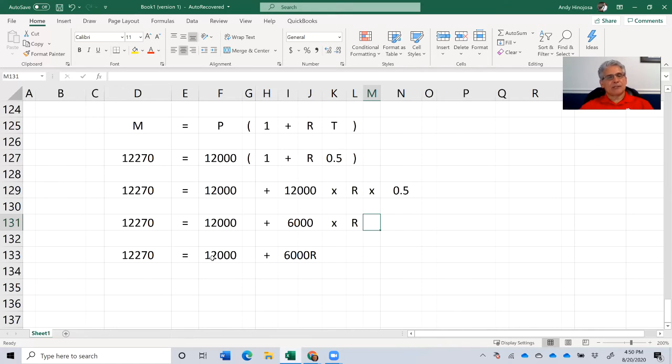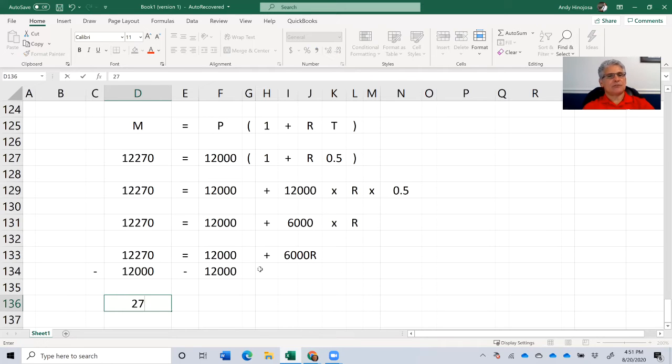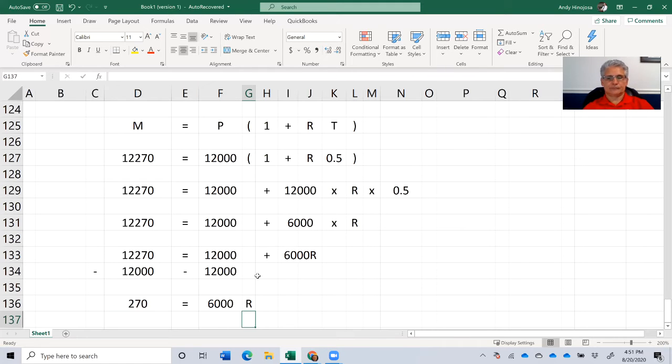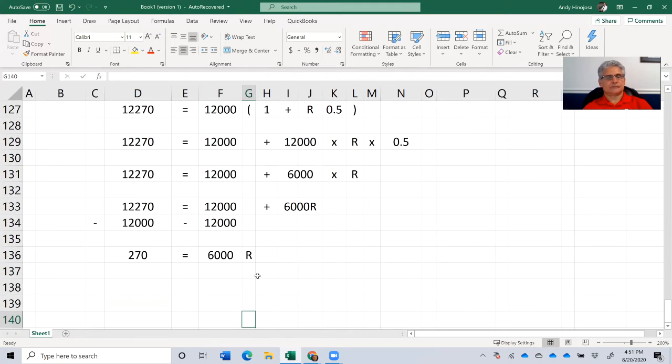At this point in time, we could subtract 12,000 from both sides. And what that's going to leave us is 12,270 minus 12,000 leaves us 270. 270 equals 6,000 R. And we're going to divide both sides by 6,000.